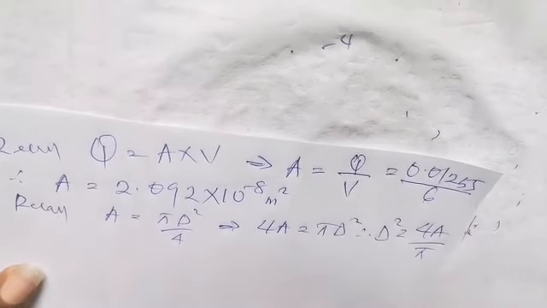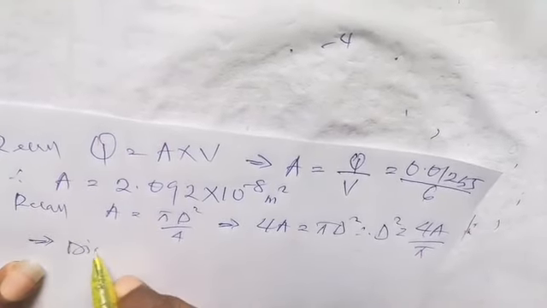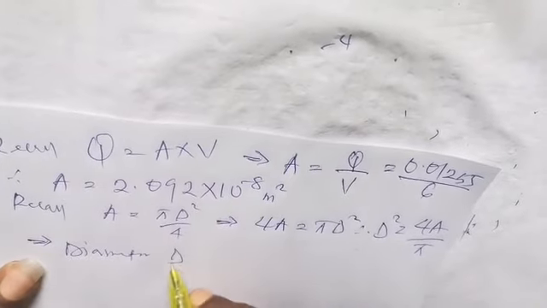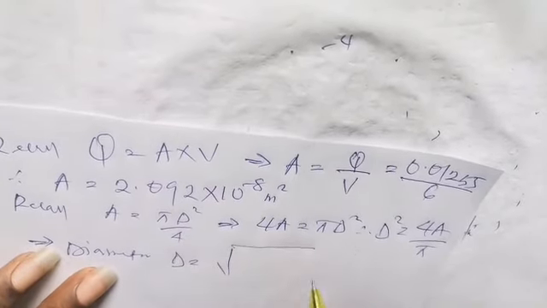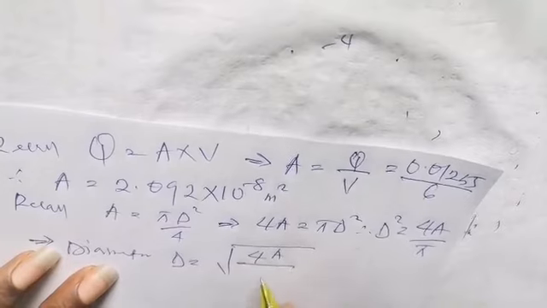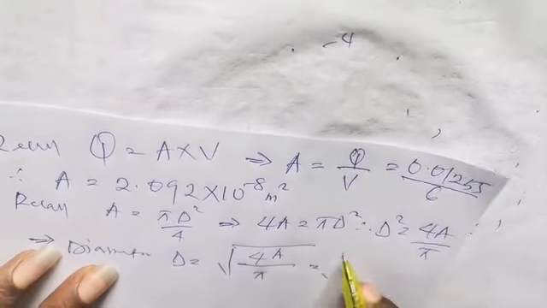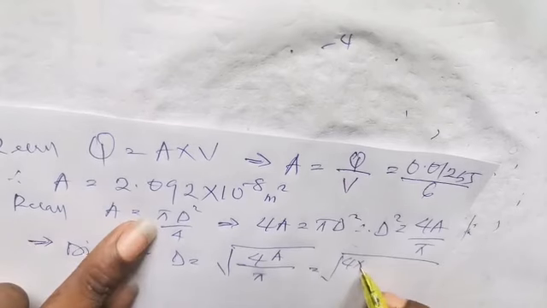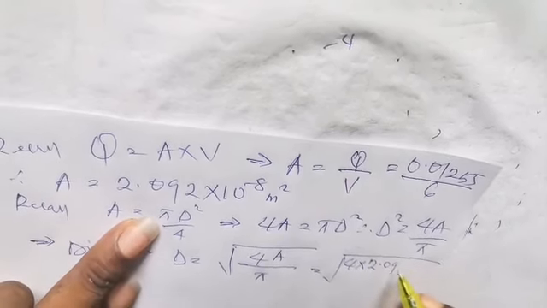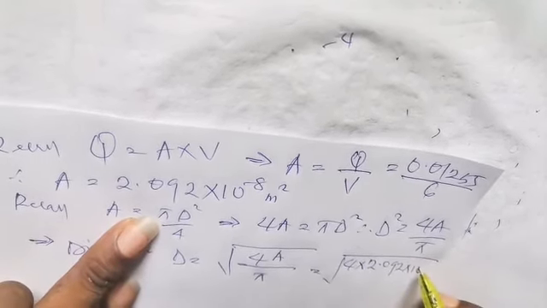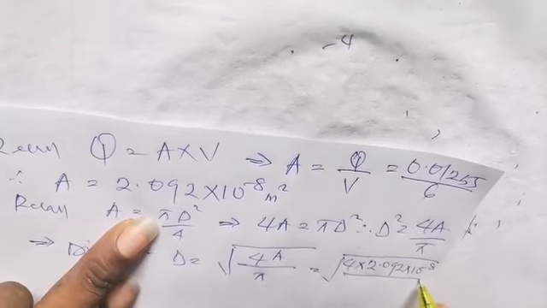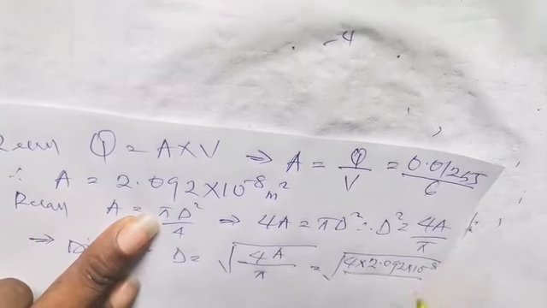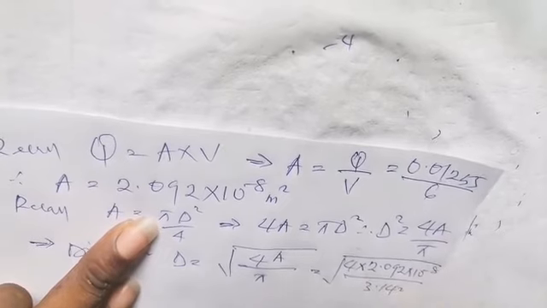Hence, to find diameter, D becomes the square root of 4A all over pi, and that's equal to the square root of 4 times A, which was 2.092 by 10 to the power of minus 8, all over pi, which is 3.142.